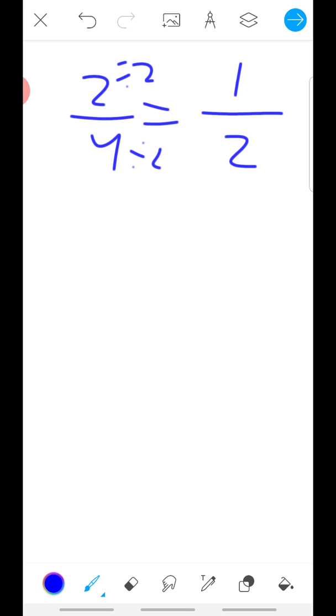Or if they don't say that you should simplify it, simplify it. Okay, so 2/4 is equal to 1/2.